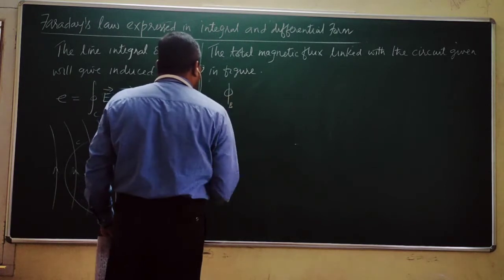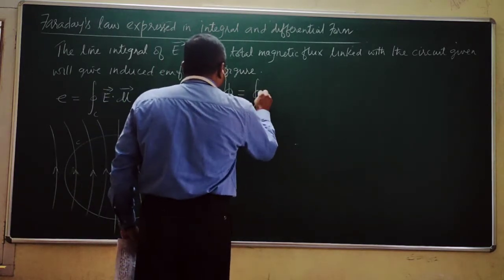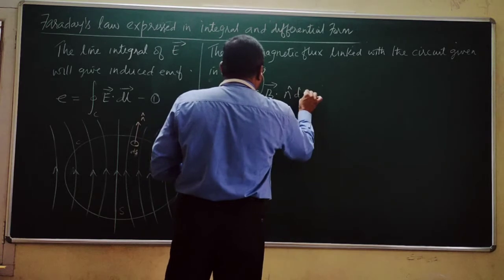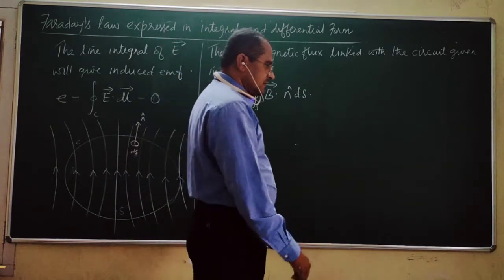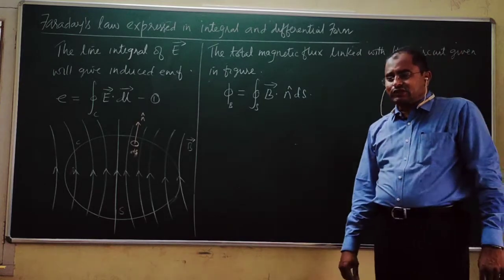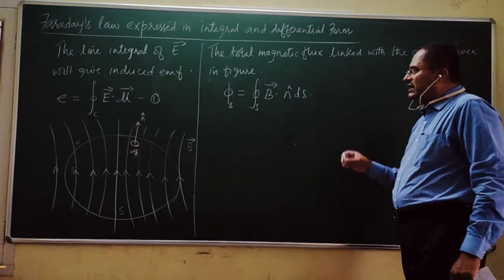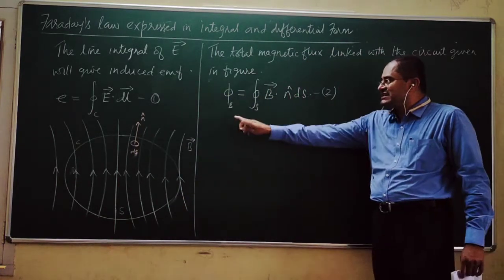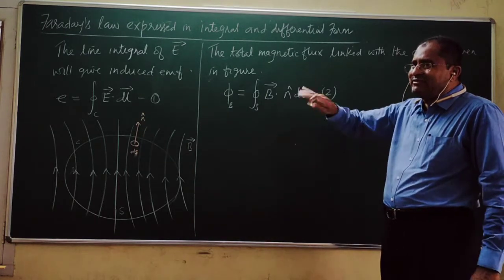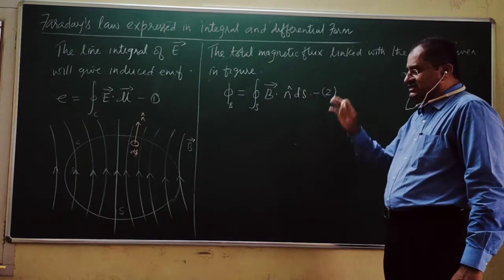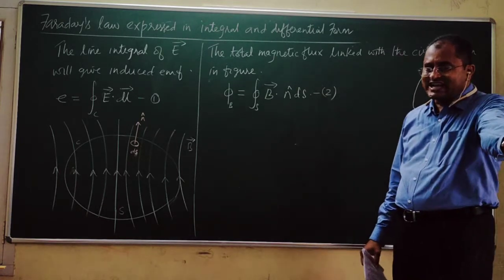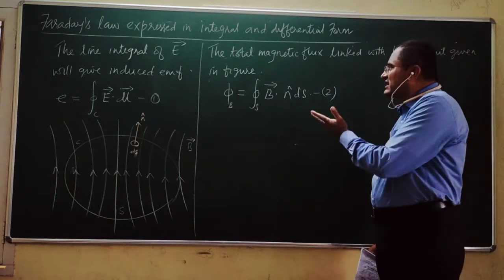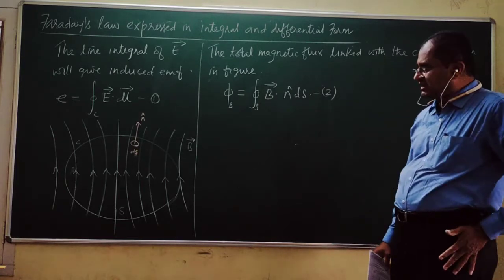Total magnetic flux phi B is equal to integral over the surface B vector dot n cap ds. If you are familiar with unit 1, you would remember electric flux, we have written it as phi E. In the place of B, I would have written E vector dot n cap ds. From the previous expression, E has been replaced by B, and automatically it gives us magnetic flux. Sir, is that okay to you?